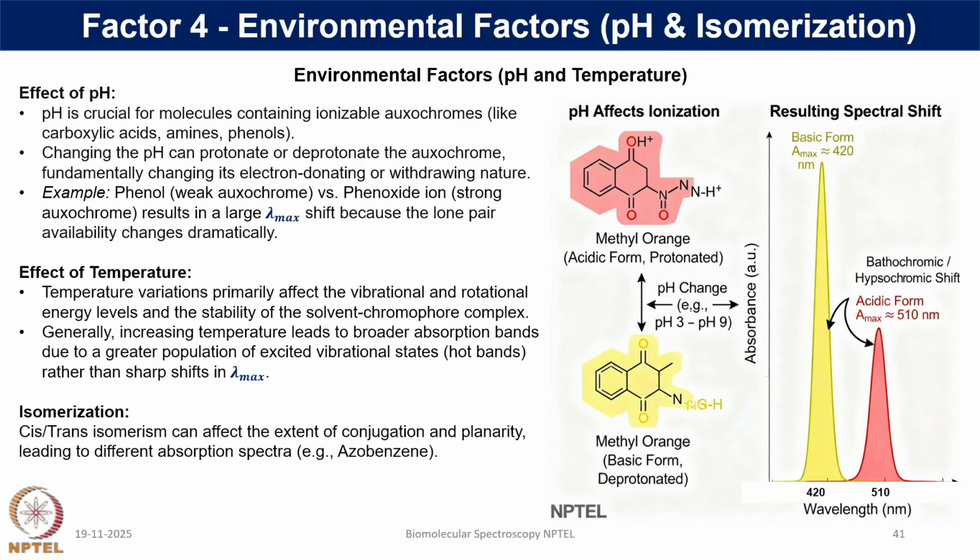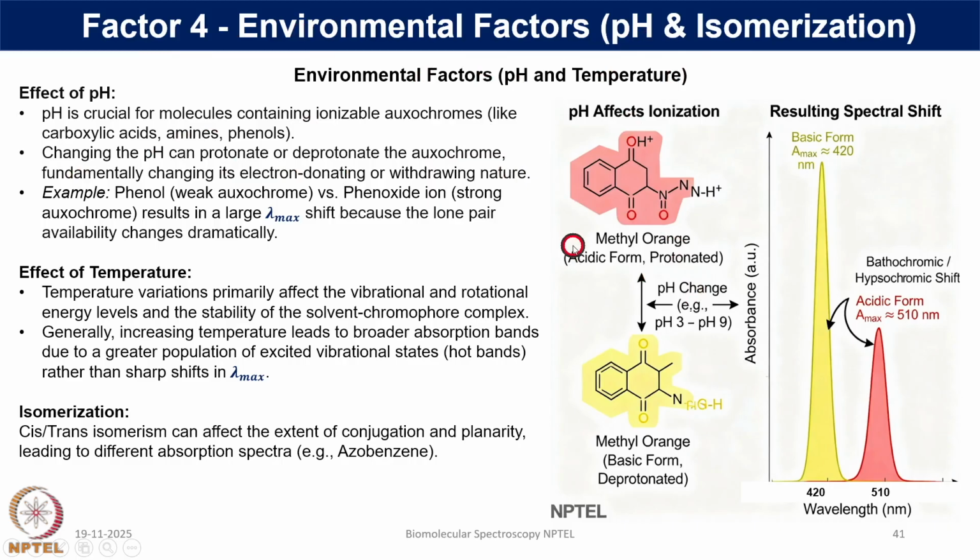The fourth factor that affects the absorption is pH or isomerization. What does pH do essentially? pH is crucial because it introduces polarity, especially for molecules containing ionizable auxochromes like carboxylic acid, amine or phenol. Here you can see the pH affects the ionization.